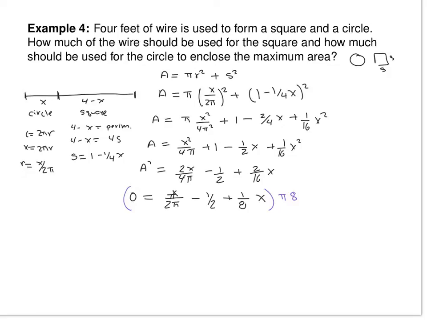So if I distribute 8 pi to everybody, I get 0 equals 4x. You buy that? Minus how many pi's? 4 pi plus what comes next? Pi x. Great.